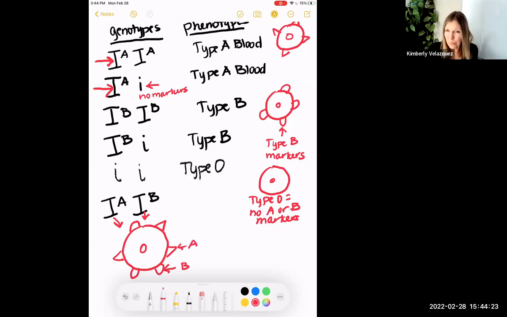You're making both because you have one of each kind of gene. And in that case, you're going to have type AB blood.